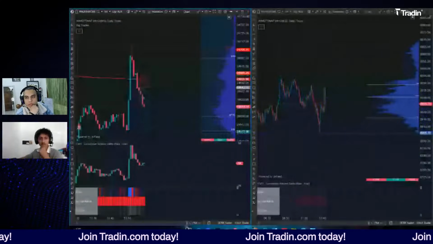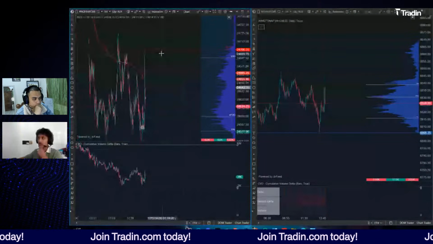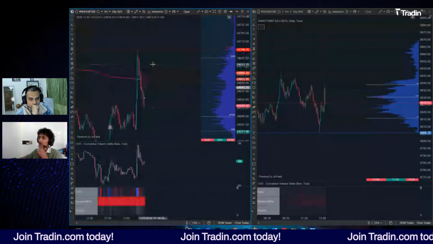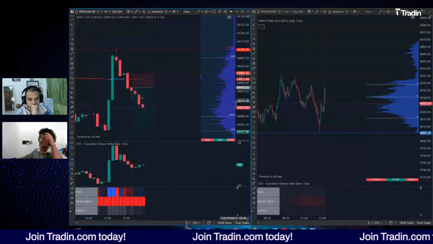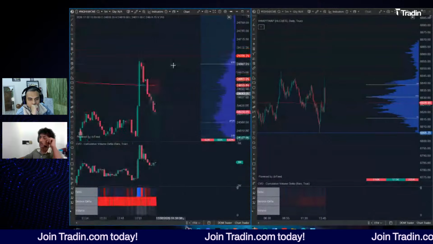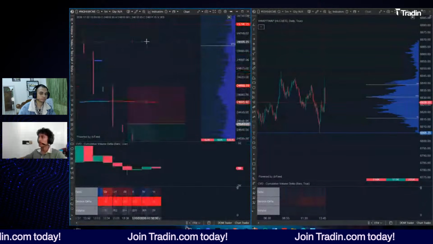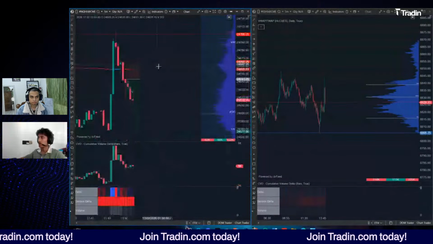Yeah, let me show the screen. See here, we tap the previous day value area low, and I didn't take this trade because I don't trade pre-market, but we hit the previous day value area low and the current day value area high, and we reject from it with the trapped buyers right here, and we break below the VWAP, so this could be a scalp.